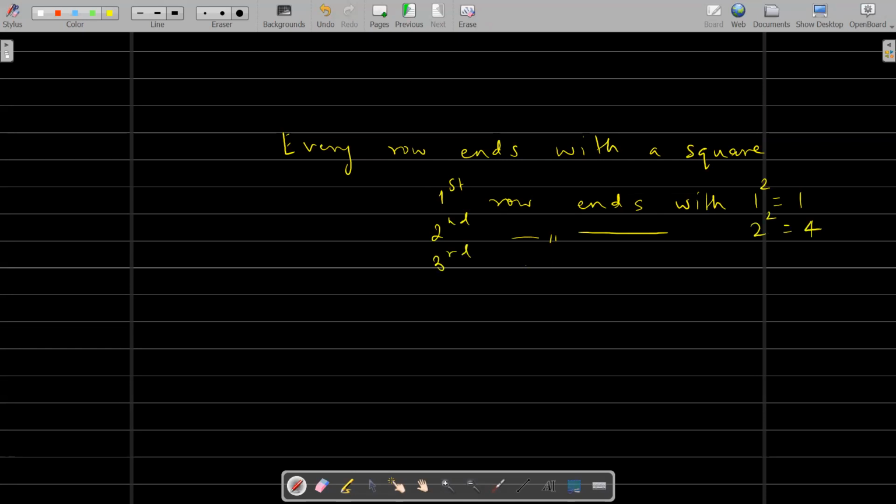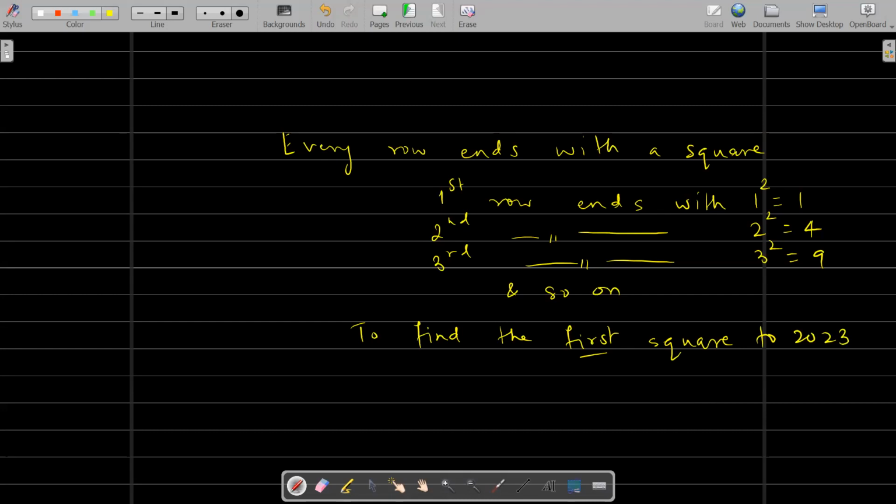The third row ends with 3 square, which is 9, and so on. Now I have to find the square which is just next to 2023. So to find it, find the nearest square to 2023.